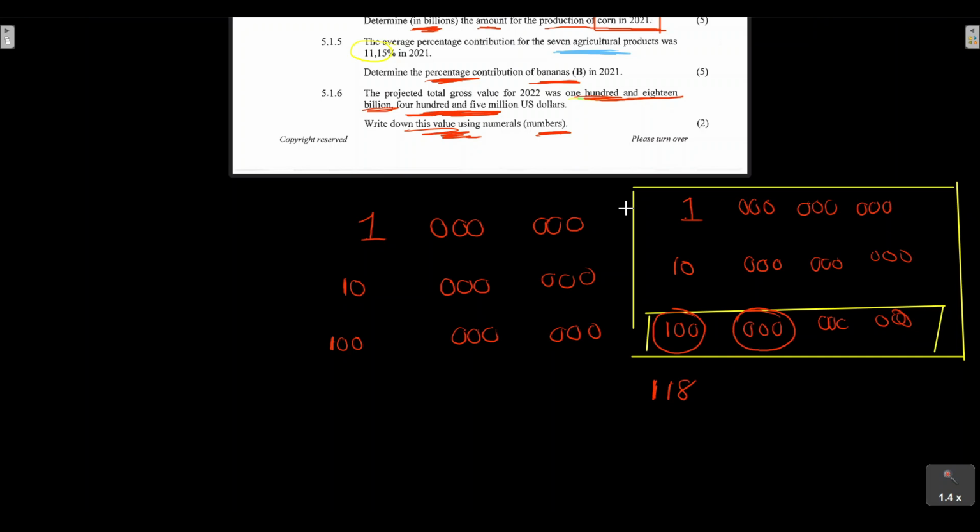We start off with 405 million, and then we're done, because it just says 405 million. To read off this whole amount: 118 billion 405 million. That is how you write down this value.